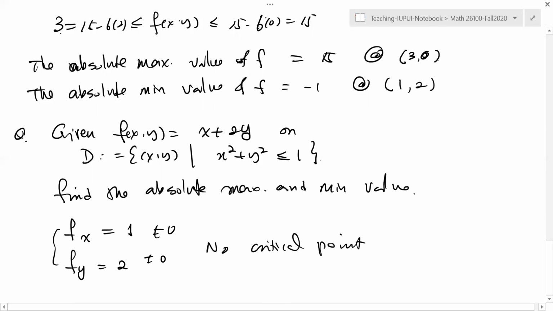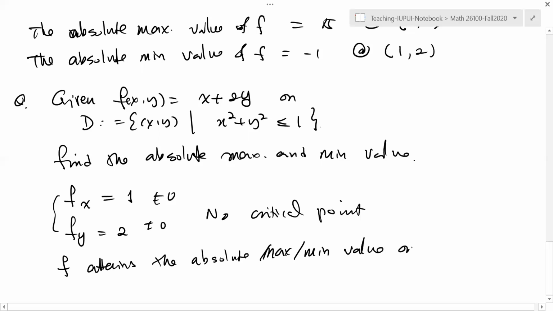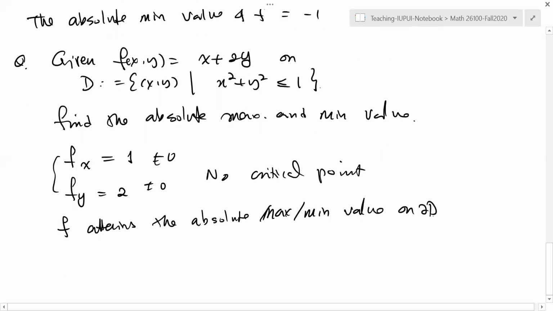So you conclude that f attains the maximum or minimum value on the boundary. So the question is, how do you find the maximum value and minimum value on the boundary?